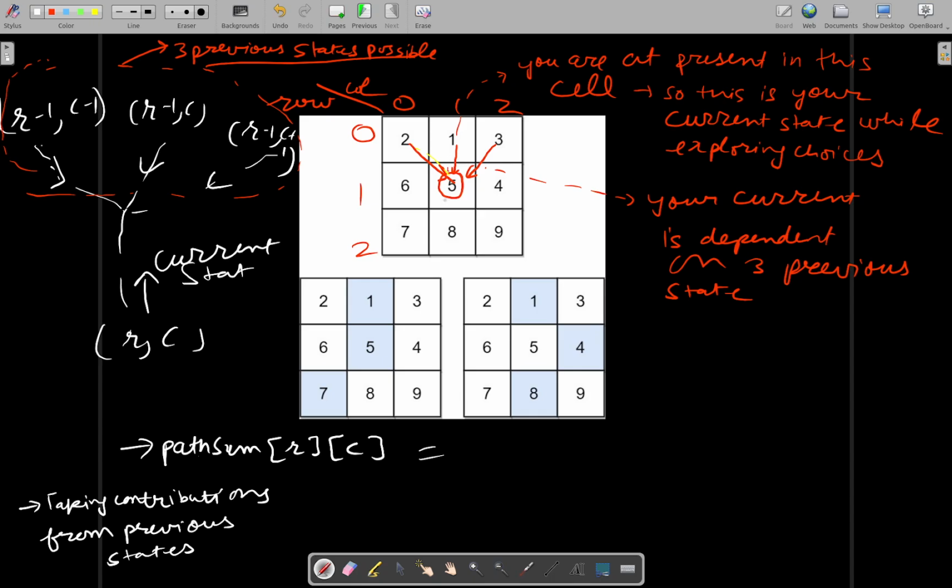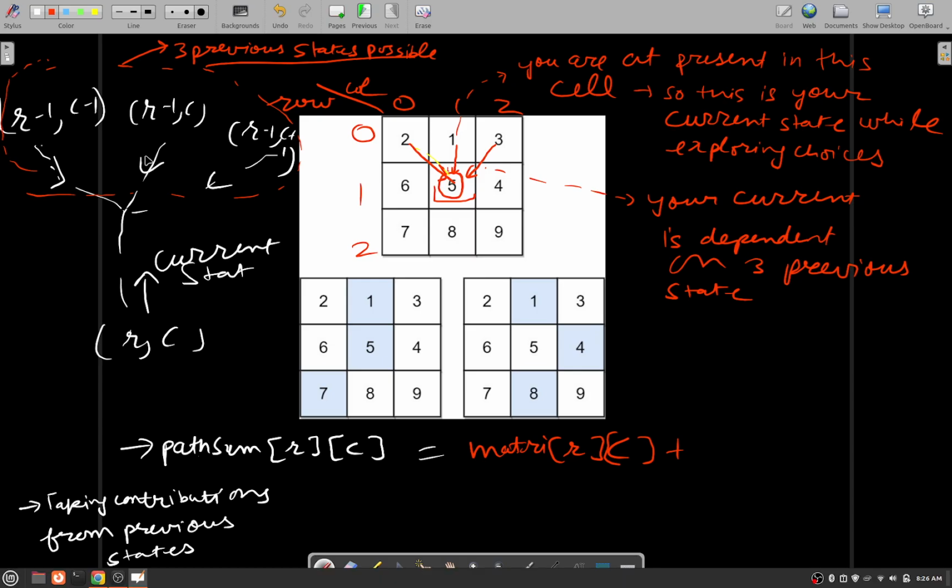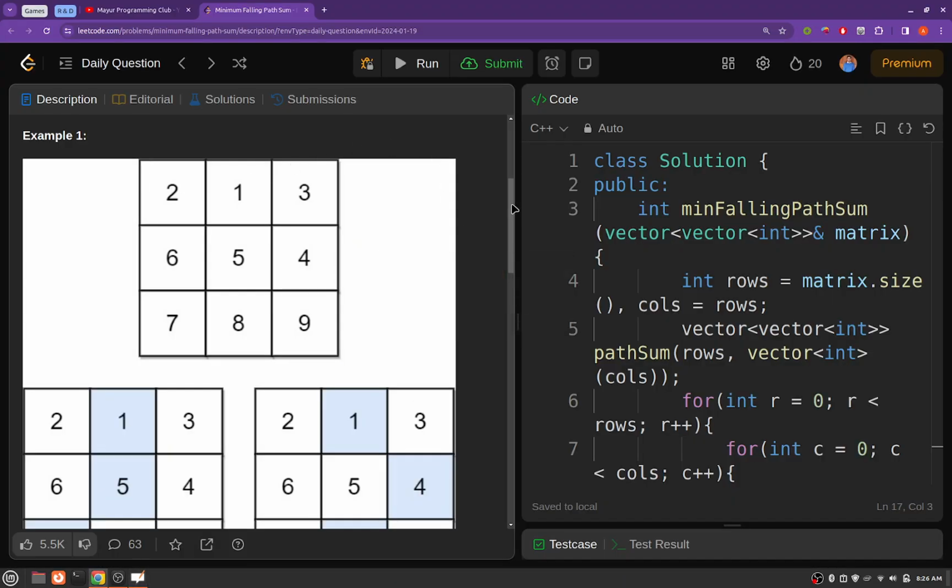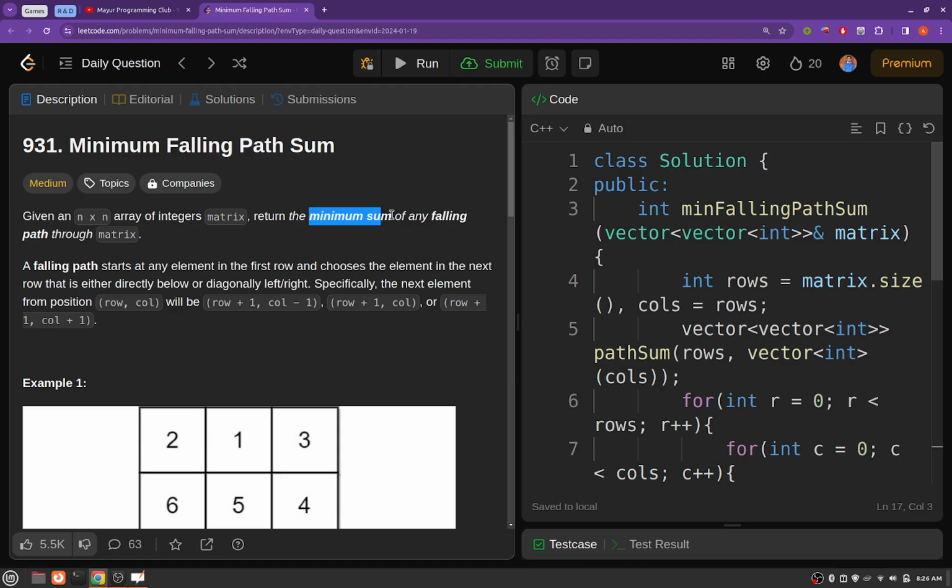Whatever is the element at your current position, matrix[r][c], plus the contribution of the minimum. Whichever state is giving you the minimum contribution, you will be choosing that state, since you are required to return the minimum sum of falling path.